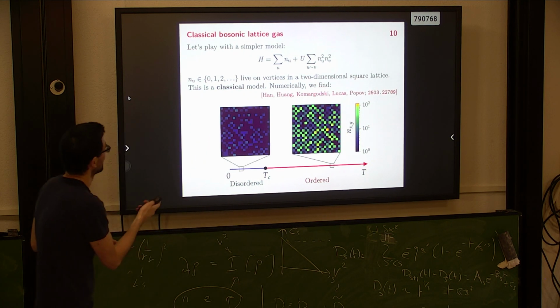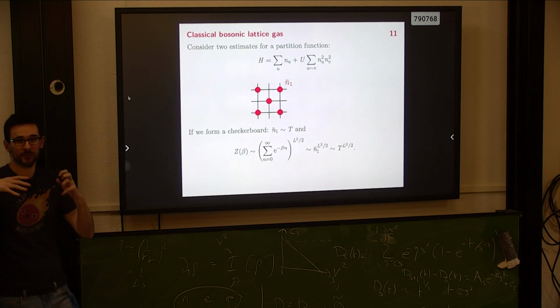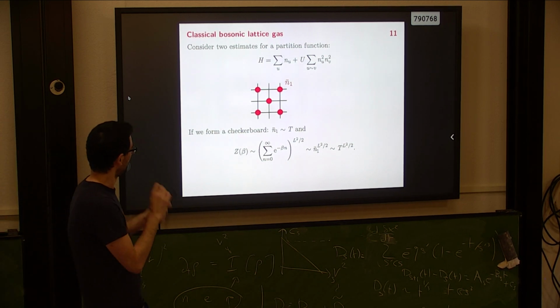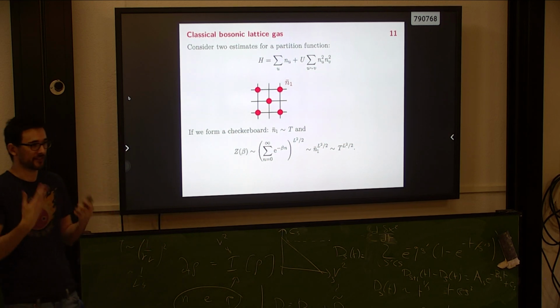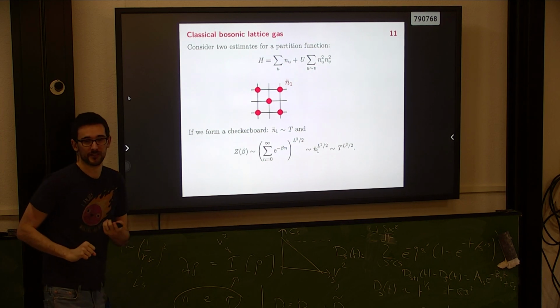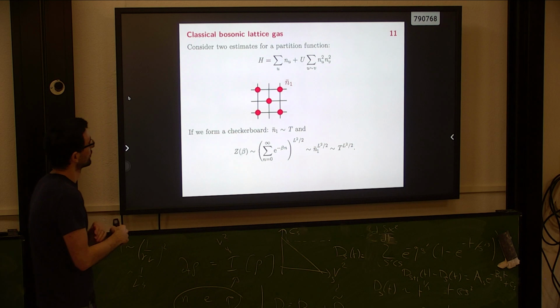Okay, let's just do that. So here's the Hamiltonian again. Remember, each particle costs 1 energy to put on the lattice, and then if we have 2 occupied sites that are next to each other, we get this energy which is like n_u squared n_v squared, where u and v are the adjacent sites.